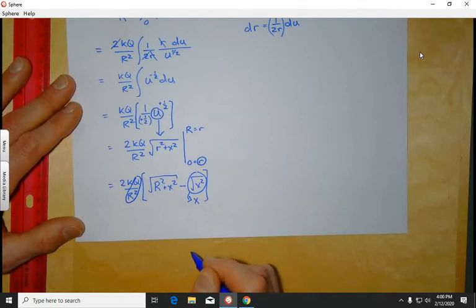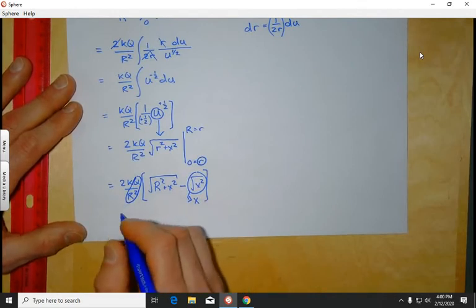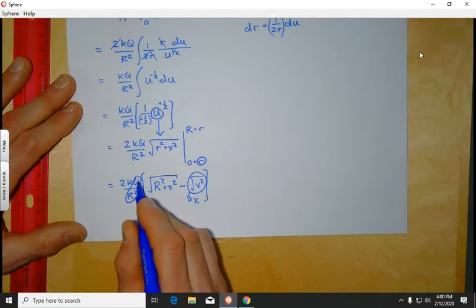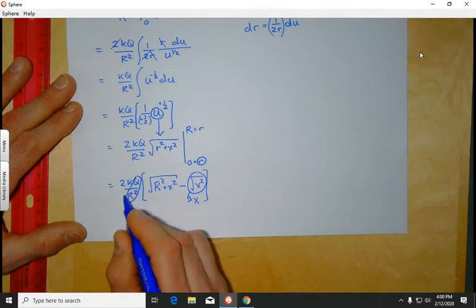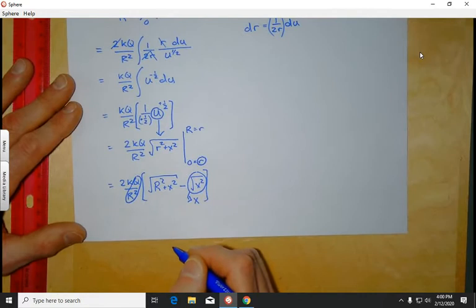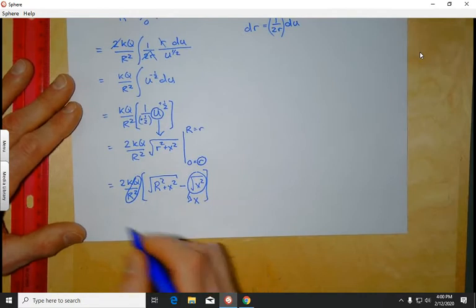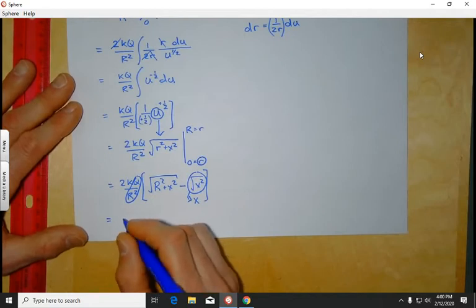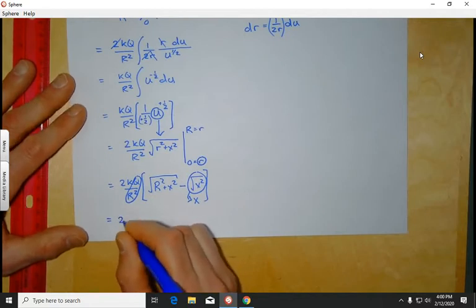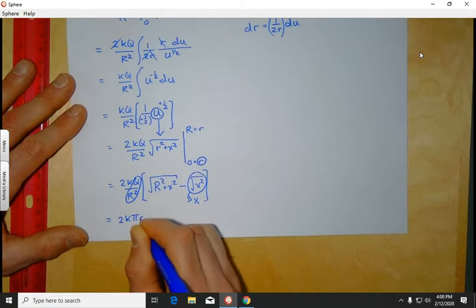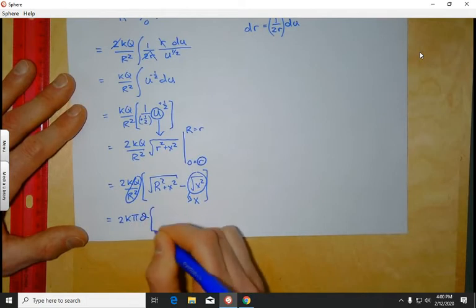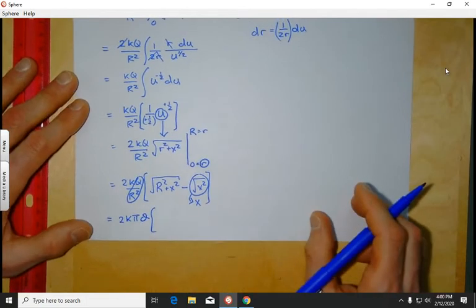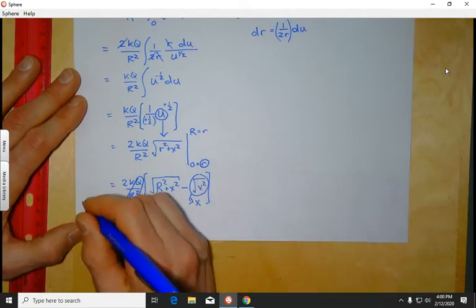And hopefully you remember that, I'm sorry, q over r squared, that q over pi r squared was actually sigma, right? So we can do a clever little substitution here, like that. So if you don't know where that comes from, take a second. Remember this.